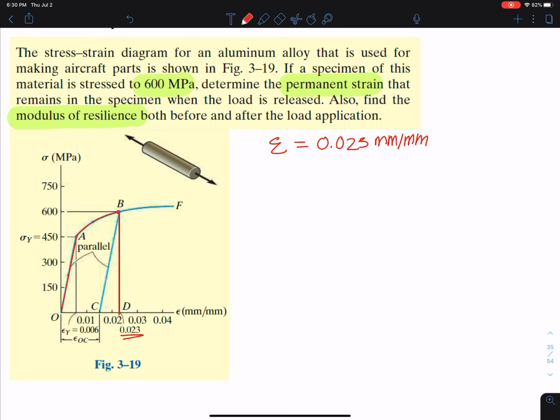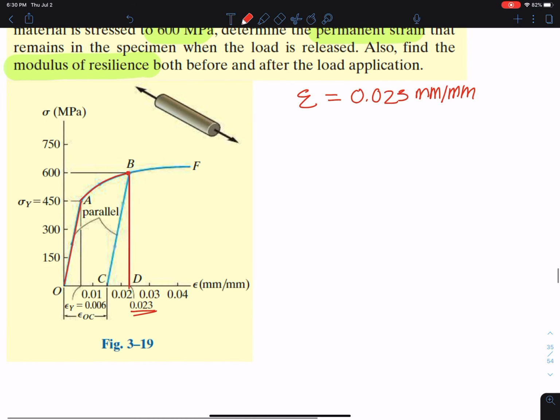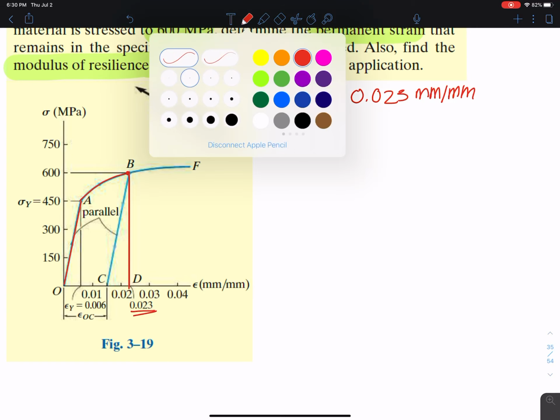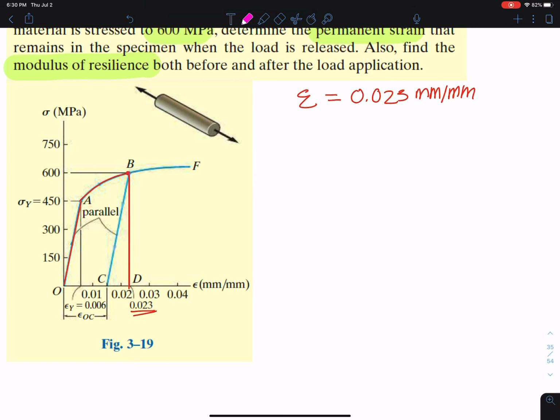Now, when the load is released at that point, it releases along a line that has the same slope as this line. So this line has a slope of E. Well, this line also has a slope of E. I'll write that here: line OA is parallel to line CB.